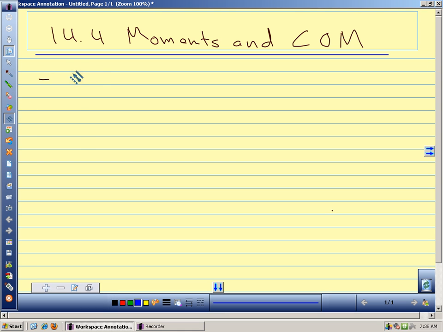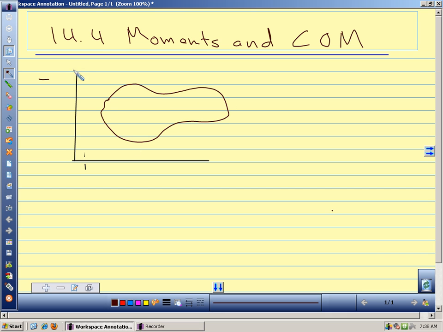So I'm just going to do a quick sketch here of a region. We have some region in the xy plane, and we have a little section of the area, and it's very small. It's dx this way and dy that way, and I'm going to put a little index on, so that's dx sub i, dy sub i.